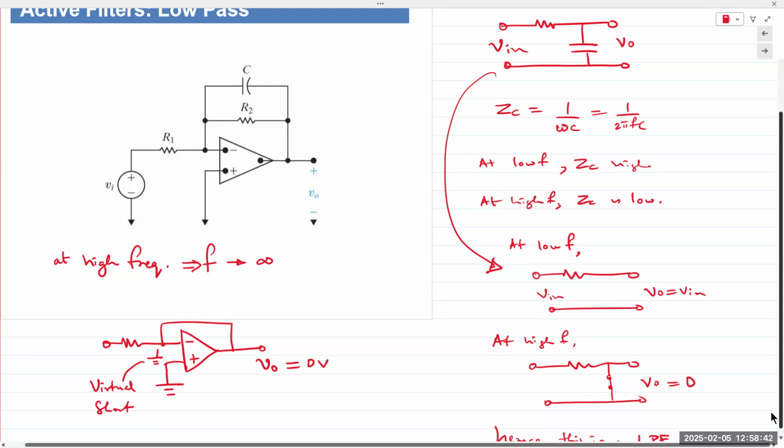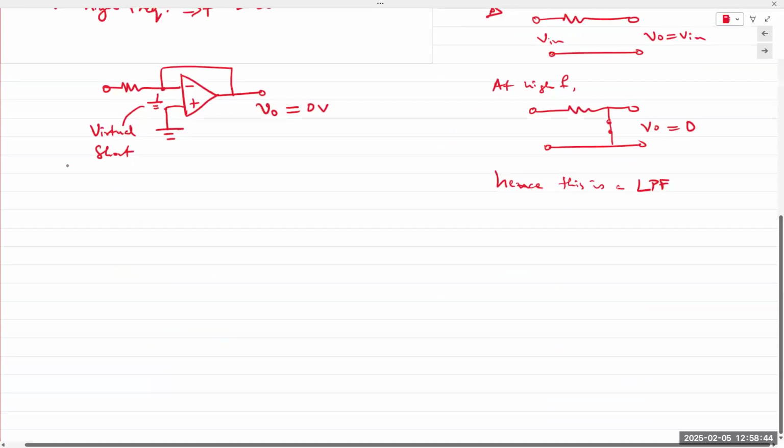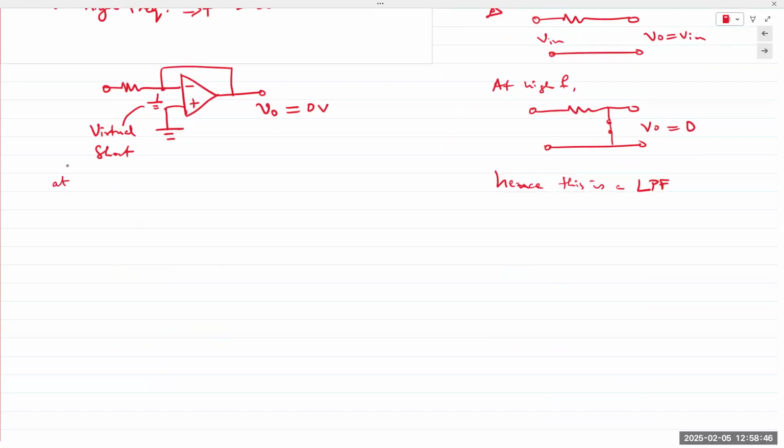At high frequencies, at low frequencies, F value tends towards 0 hertz. Capacitor is open circuit. Op amp behaves like a normal inverting amplifier.